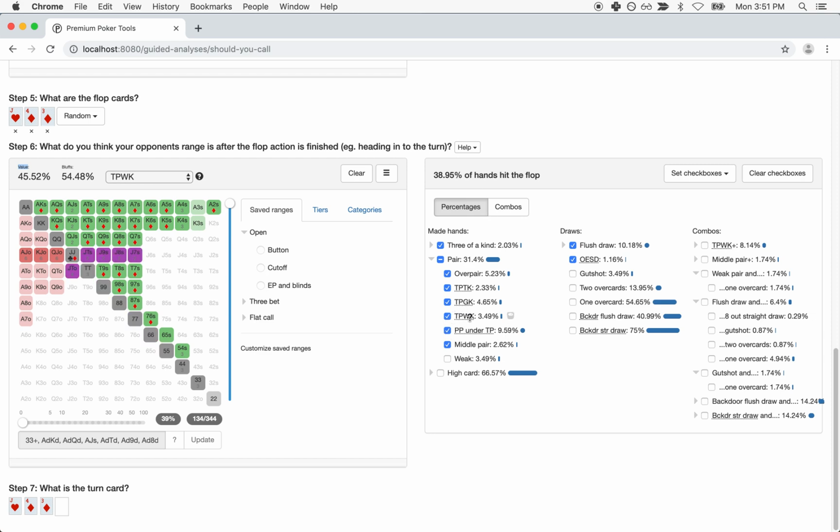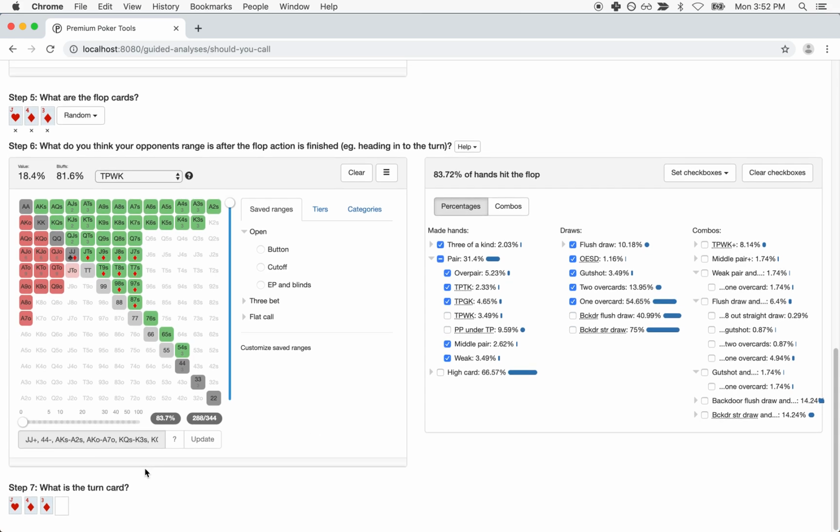Same with top pair, weak kicker. Let's assume with these sorts of hands, they're going to check it back and try to get to showdown. With the stronger stuff, I'm going to assume that they bet it for value. And with the weaker stuff, I'm going to assume that they're c-betting pretty wide with all of it. So that's my assumption about what their range looks like after the flop.